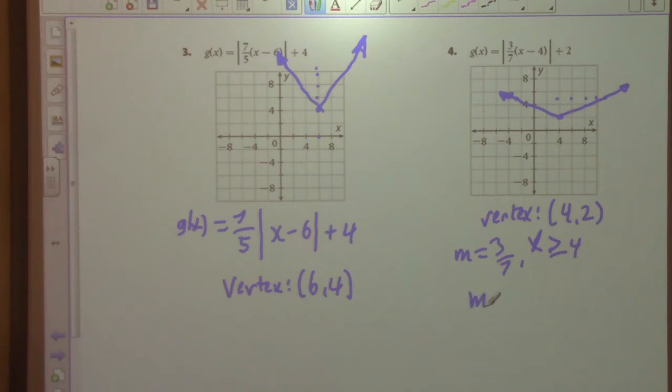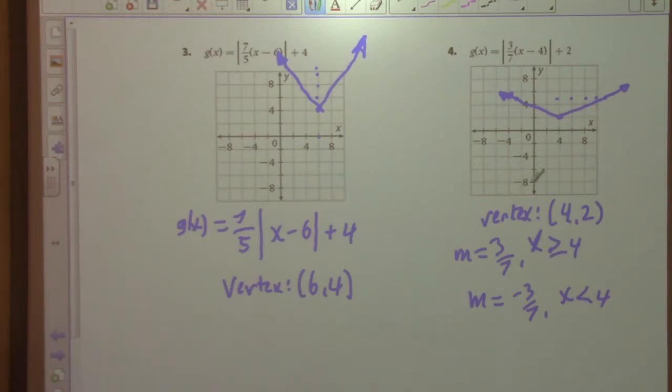But what is the slope if x is less than 4? Negative 3/7. Thank you, Marcus. Negative 3/7 when x is less than 4. So yeah, it is a slope, but it has that characteristic. Any questions on that?